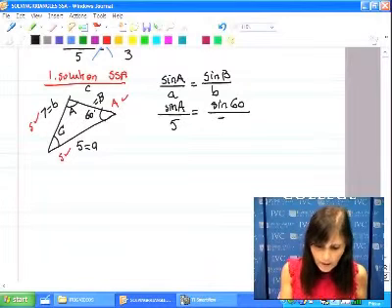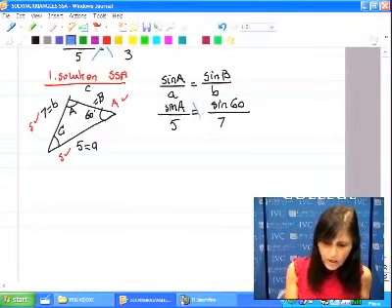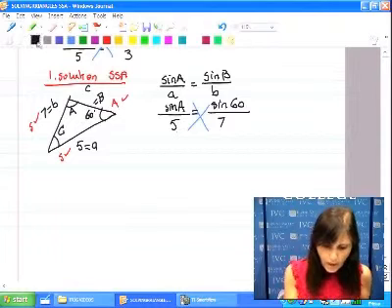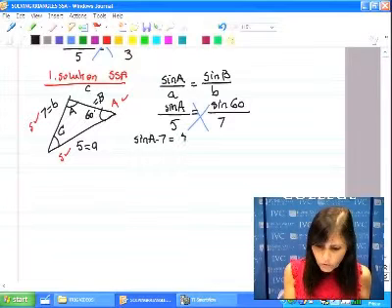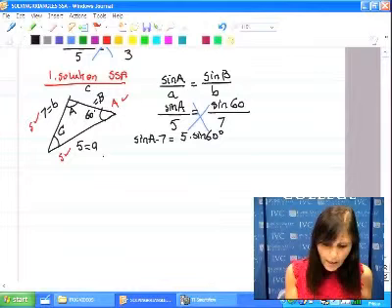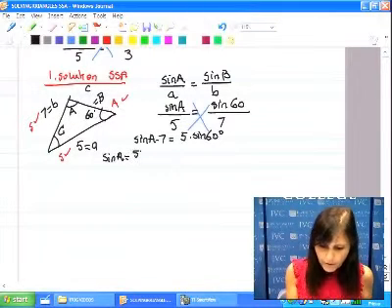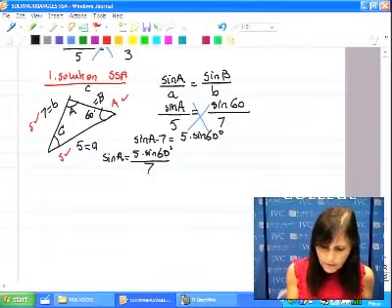And the little b, I do know. Let's crisscross. So I have sine A times 7 equals 5 times sine 60. So that means sine A is going to be 5 times sine 60 over 7.